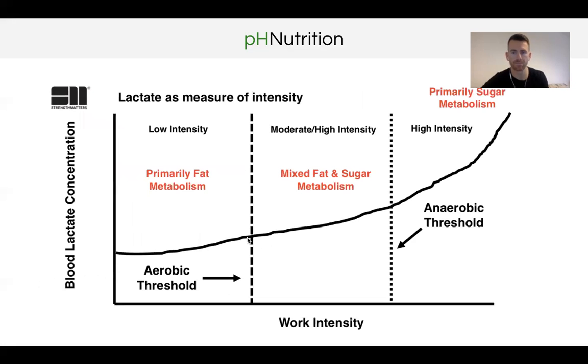So the aim is to shift this line a little bit further up. So we now are using primarily fat metabolism, not solely, primarily, at a moderate intensity instead of just a low one. If we can shift that, all of a sudden everything else shifts across, and our anaerobic threshold potentially comes a little bit higher, because we have more carbohydrates in there, primarily sugar, carbohydrate metabolism.